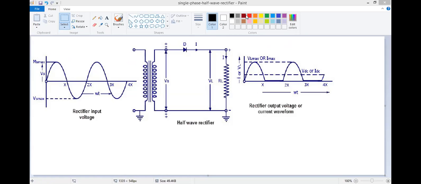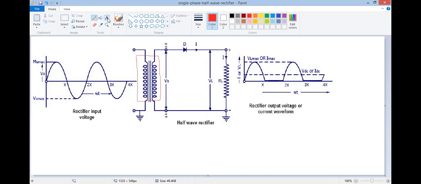And this block which is shown over here with the red circle is nothing but your transformer.